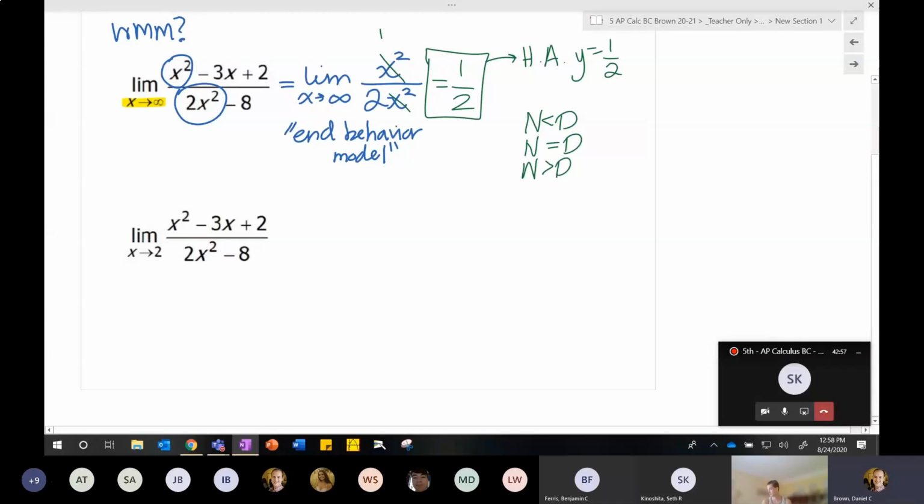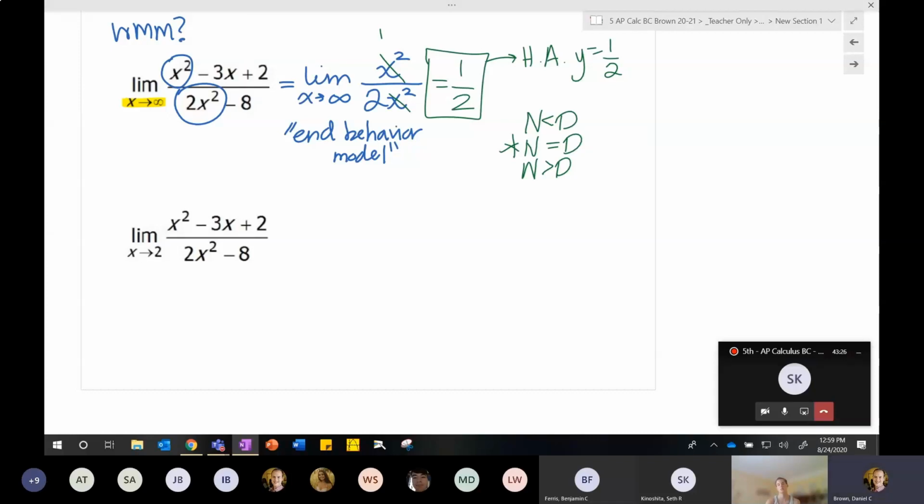This is the case where the numerator is equal to the denominator, and the rule you learned before calculus is just that the horizontal asymptote was the ratio of the coefficients. Now we know where that rule actually comes from. At infinity, only the x squared and 2x squared terms matter, and that simplifies to give you 1/2.